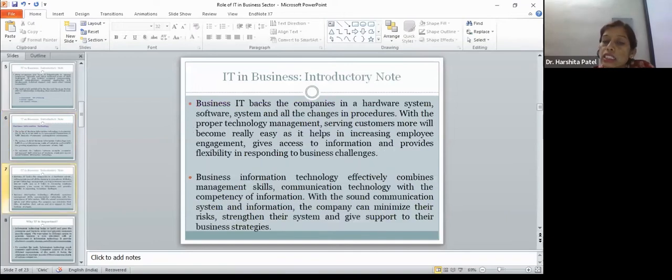Business IT backs companies in hardware systems, software systems, and all the chains of the business. With proper technology management, serving customers becomes really easy, as it helps in increasing employee engagement. It gives access to information and provides flexibility in responding to business challenges.